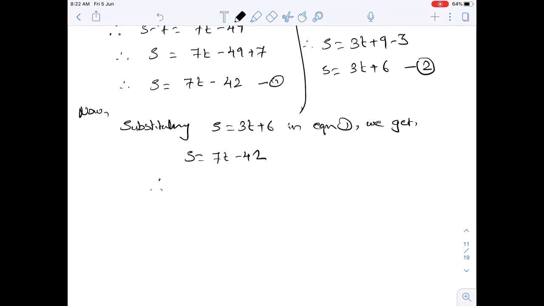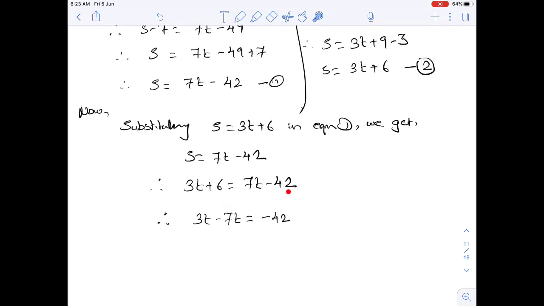Therefore you will get 3t plus 6 equals 70 minus 42. Now in the next step we will bring the terms with t together and the constant terms together. So you will get 3t, now this plus 70 will become minus 70, so minus 70 equals minus 42.